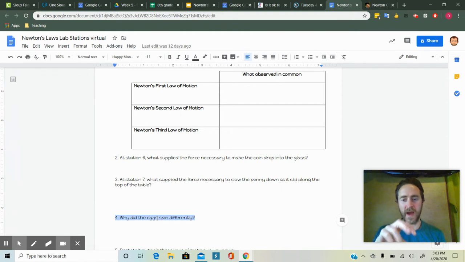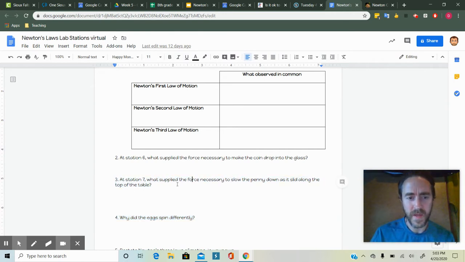So you have the egg shell, which is solid, and then you have the liquid. Now, when you spin it, the egg shell spins this way, but the egg white and the yolk, the liquid, they actually push against it. So they act in an opposite direction, and that stops it from spinning very much.